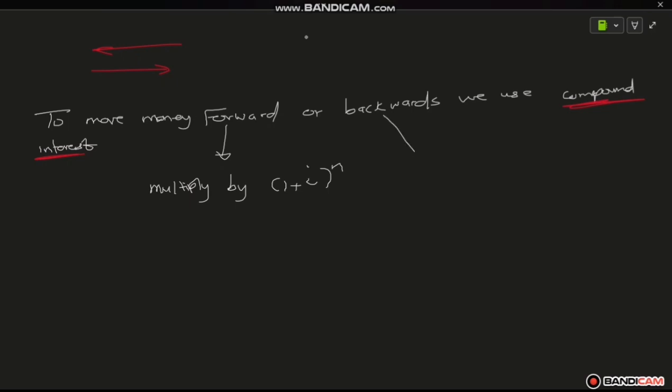And to move money backward, you multiply by the factor 1 plus interest rate to the power negative n. I hope you see the difference. Money forward, n must be positive. Money backward, n must be negative. I hope that makes sense.